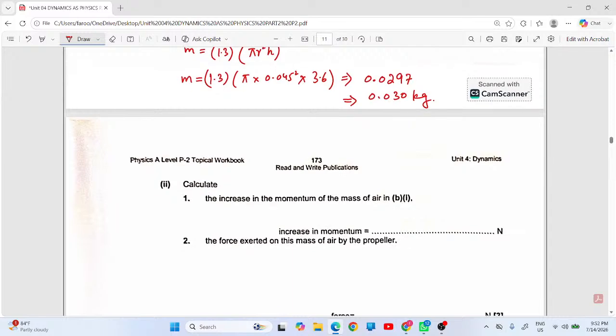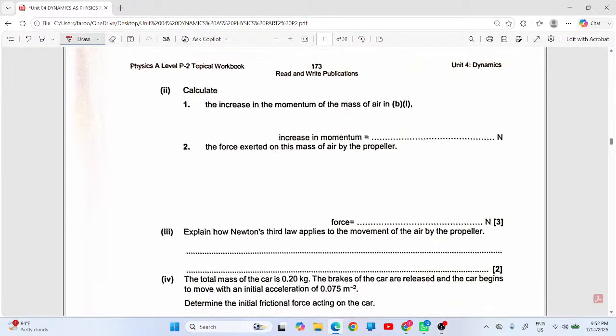Next is calculate the increase in momentum of the mass of air. Change in momentum is mv minus mu. Now change in momentum: mass is 0.03, final velocity is 1.8 and the car is at rest.